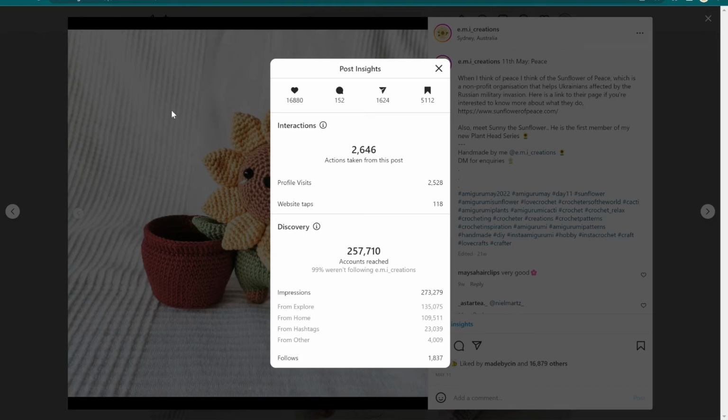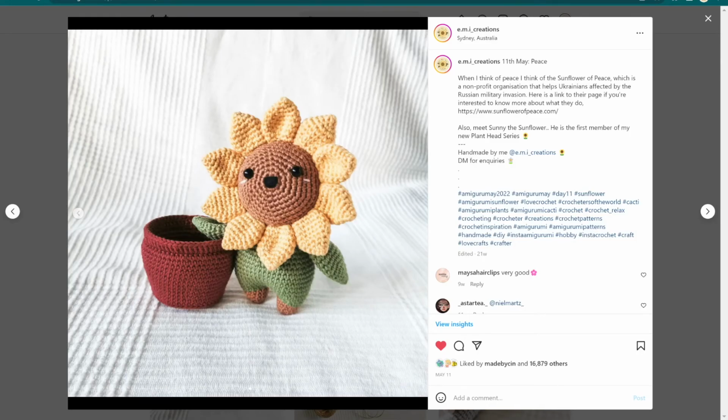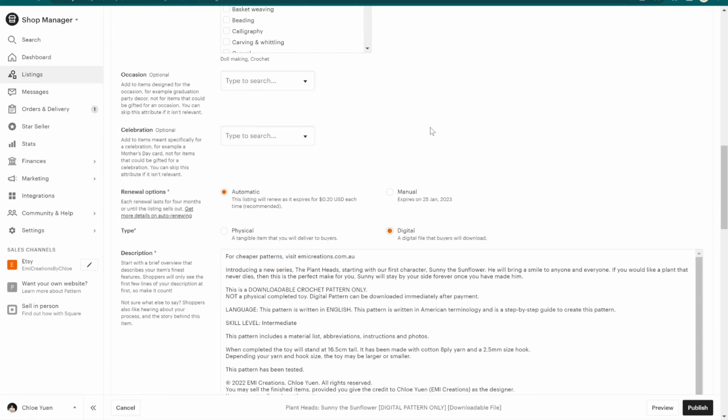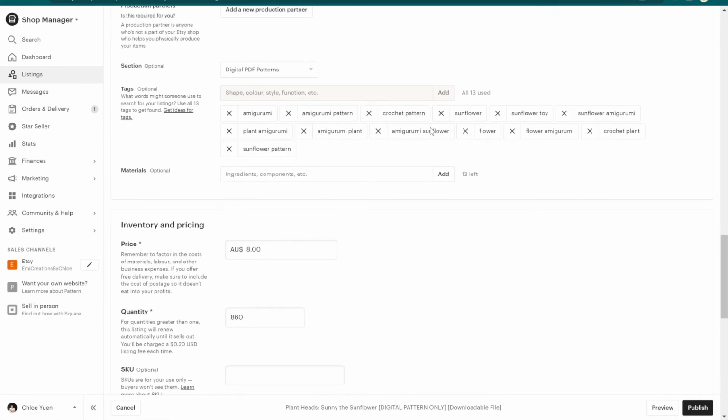Within those 5 months, if I go to my Etsy and scroll down to quantity, I always put 1,000 available for my digital patterns, just so that I know how many are being sold, and 1,000 is a whole number. It makes it really easy for me to calculate.